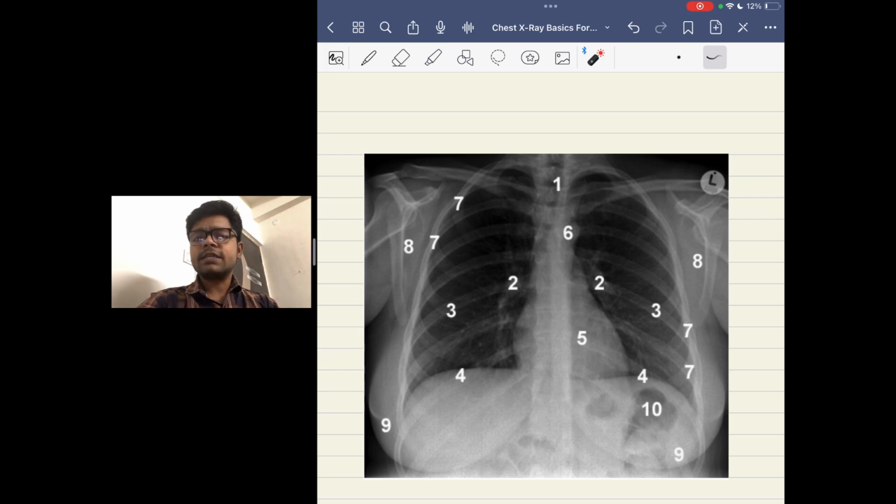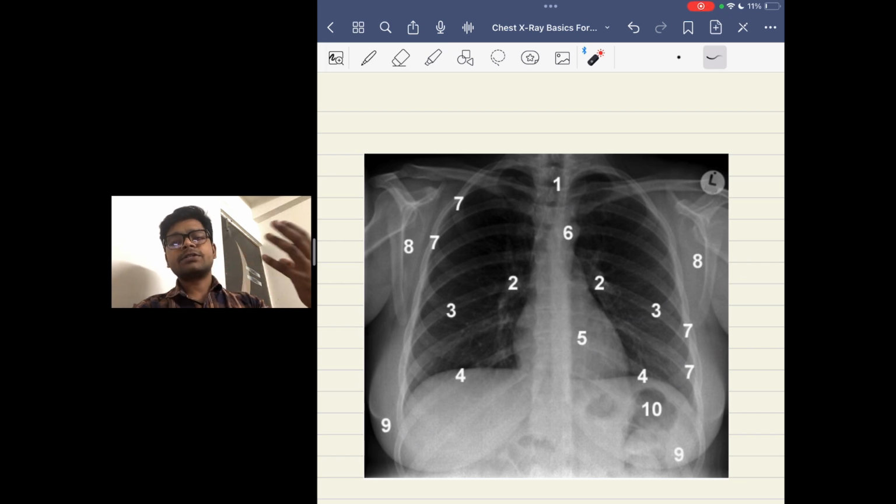We need to see whether the patient during the X-ray procedure is in some rotated state or not. For that we need to see the medial end of the clavicle and the spinous process, whether they are equidistant from each other. That will give us an idea about the rotation of the patient, and that will affect our findings.